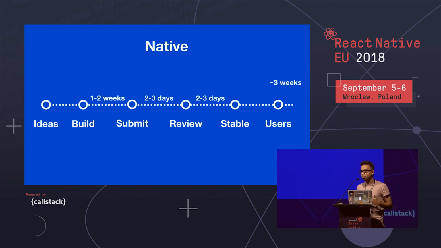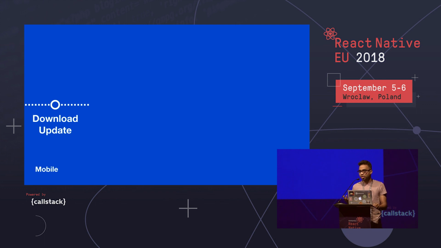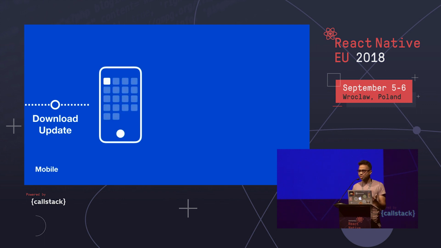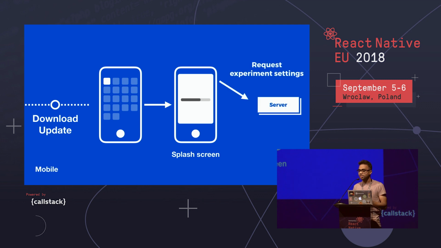So let me go more into how we A/B test and how the process works in mobile. Let's say you push your app to the users, the app is downloaded and installed on the phone. And when the app is opened, during the splash screen, that is when you request the experiment settings, right?